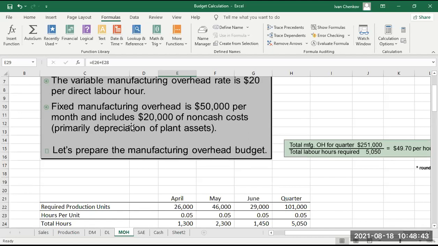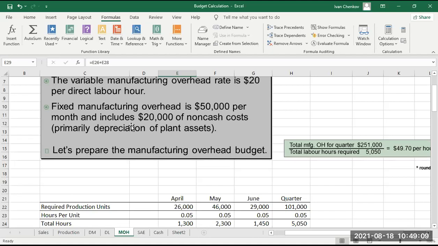Depreciation, you understand, for the depreciation, we're not paying cash. Do you guys understand that? Can you guys hear me?